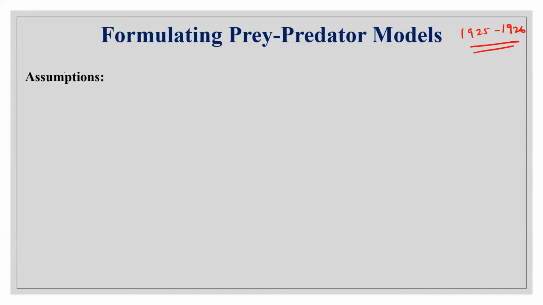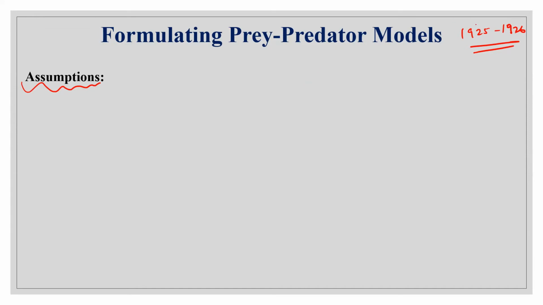So what are the basic assumptions? As I have already told you, for making a model we have to consider some assumptions. It is not possible to consider all of reality, because then the differential equation will become so complex that it cannot be solved with numerical or other methods. So we have to take some assumptions.